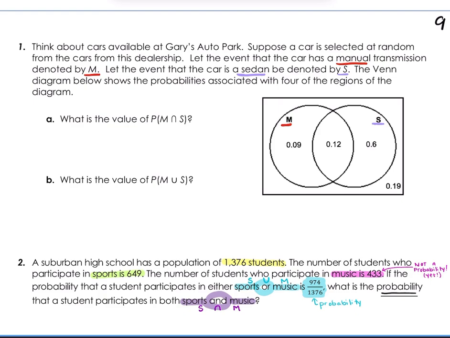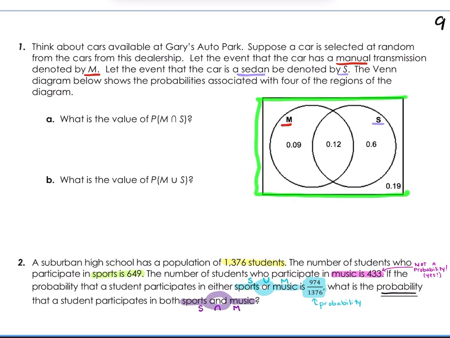The Venn diagram below shows the probabilities associated with 4 of the regions of this diagram. I want to go over that for a second because it says there are 4 regions, but typically we would only see 3. But we also have this 0.19 that's on the outside.